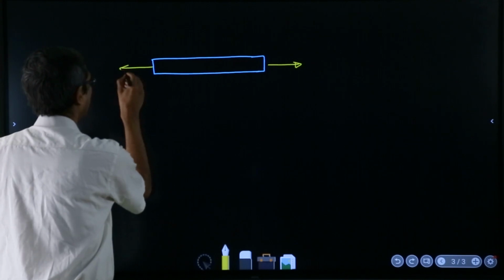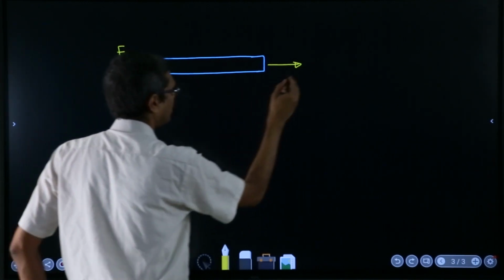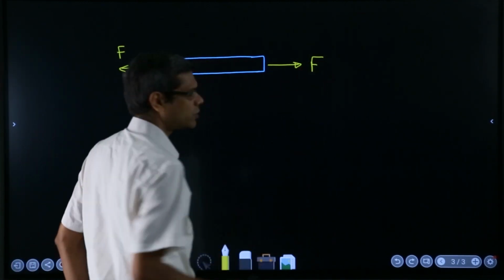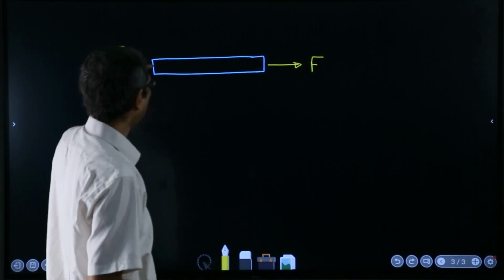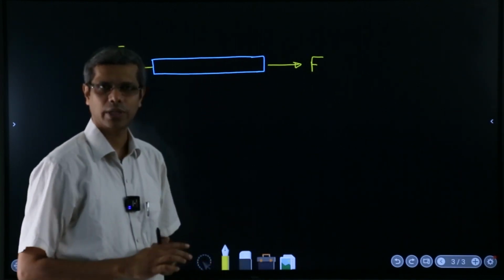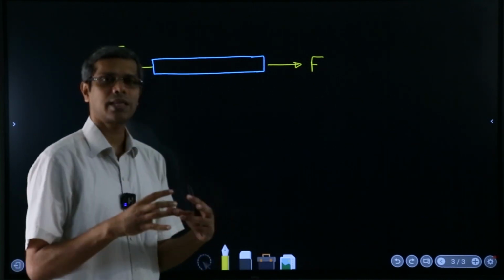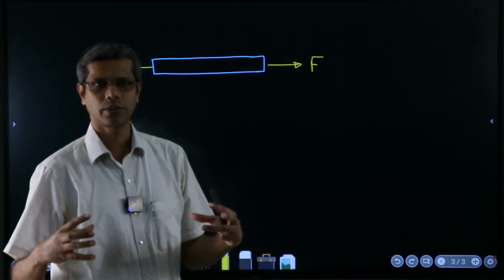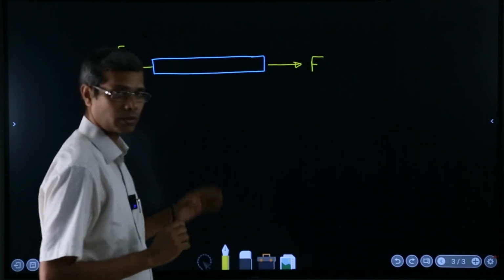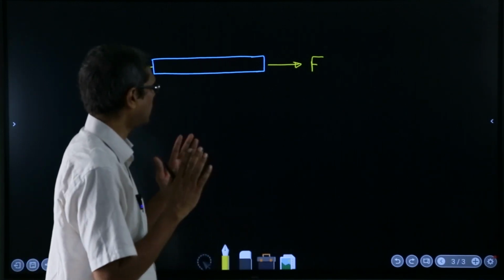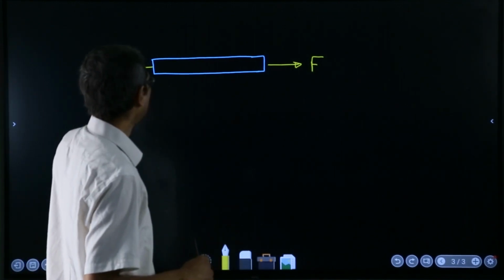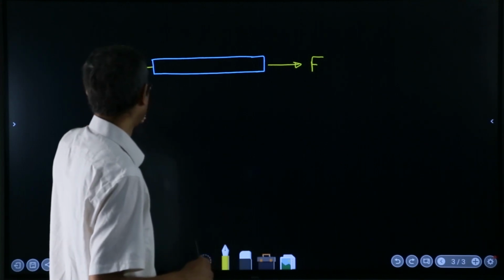You are applying a force here, the same force here. The area of cross section remains constant, as in the prismatic extrusion process, where you didn't increase the area of cross section. That's the major assumption.